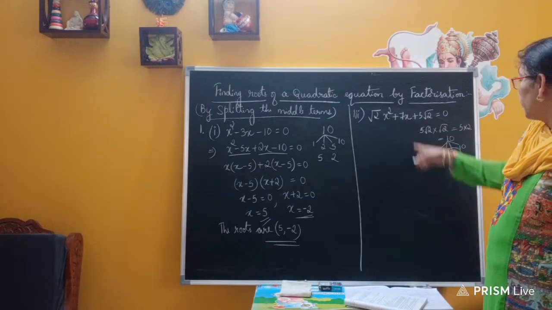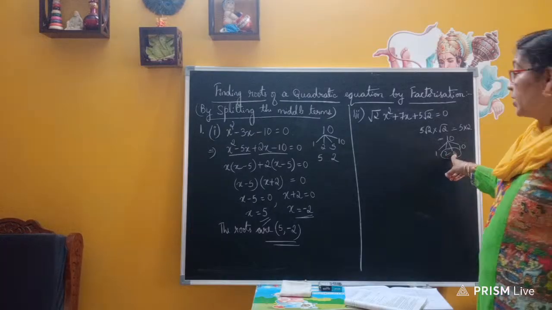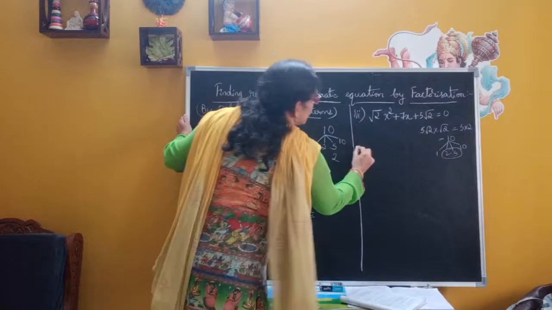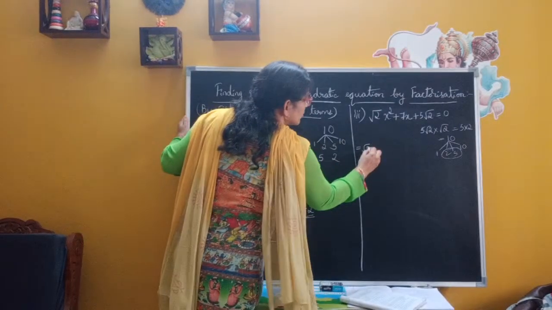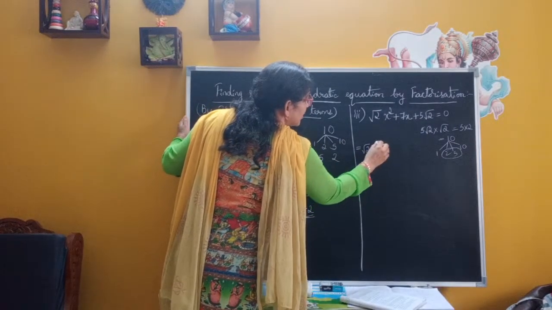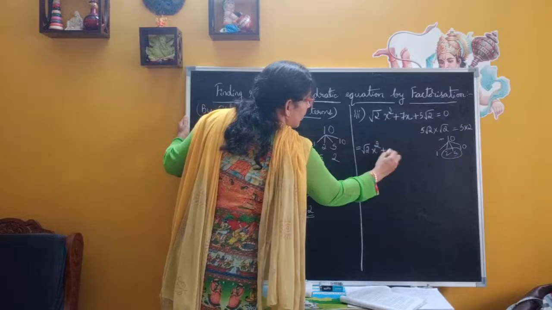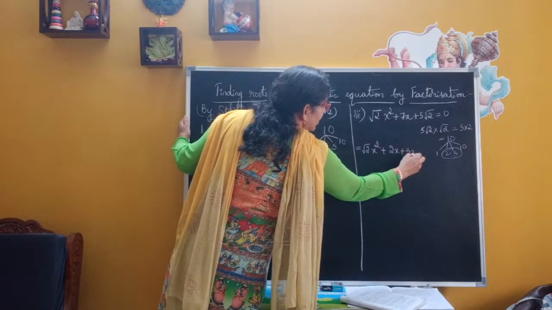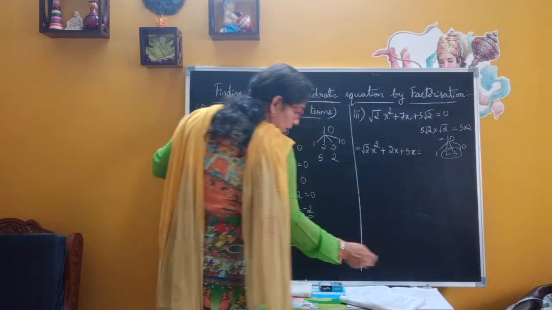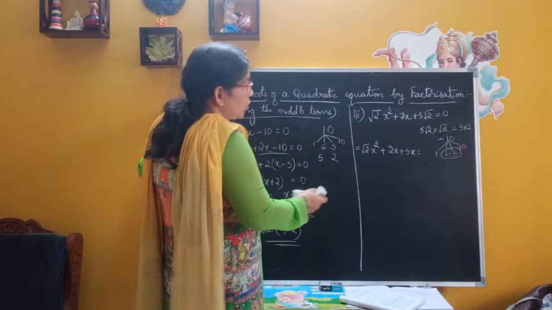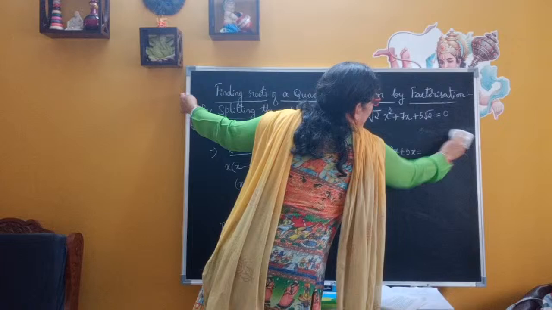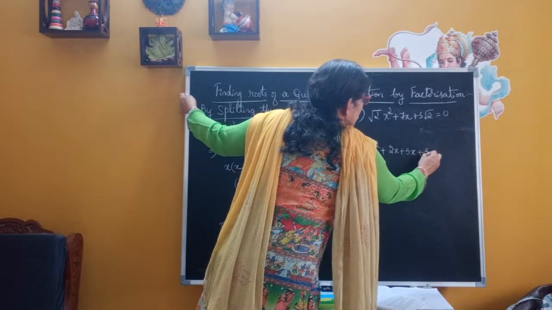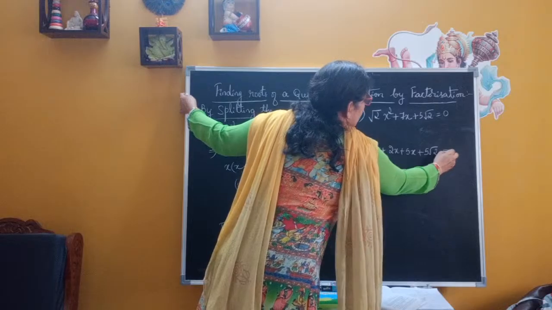So the required factors are 2 and 5. Let us split the middle term now using this. It is root 2x square plus 2x plus 5x plus 5 root 2 is equal to 0.